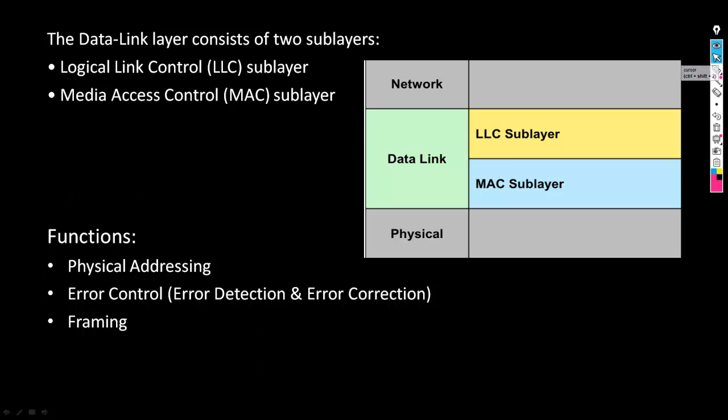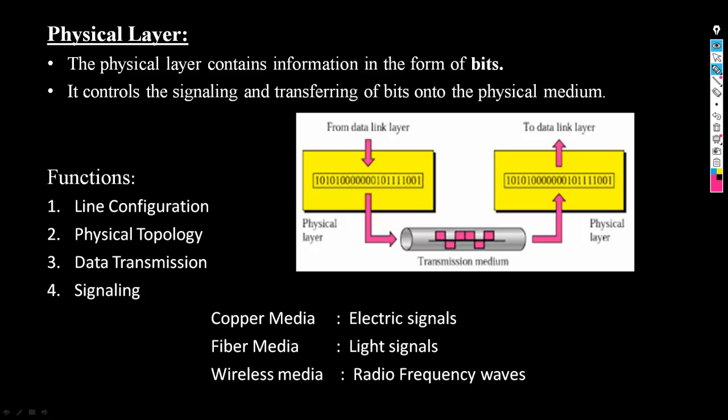Now we'll discuss physical layer. So physical layer controls the signaling and transferring of bits onto the physical medium, or you can say it is responsible for the actual physical connection between the devices. The physical layer contains information in the form of bits, that is zeros and ones.